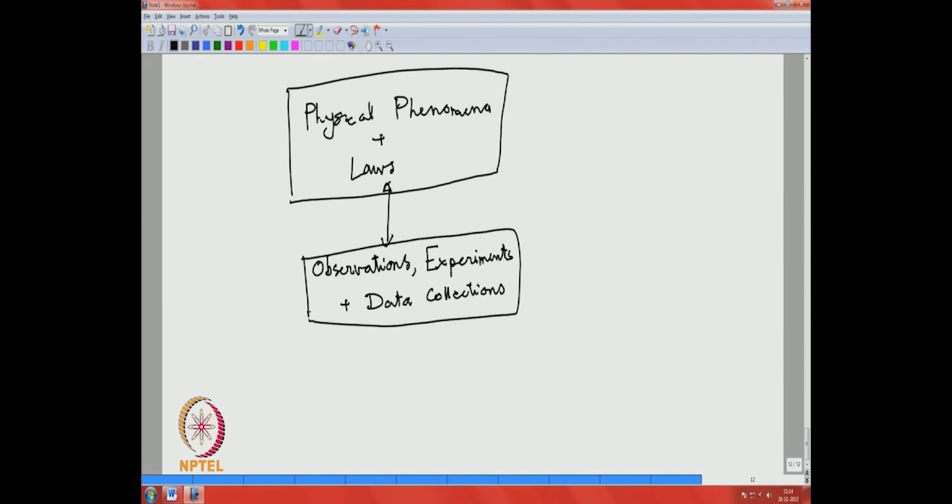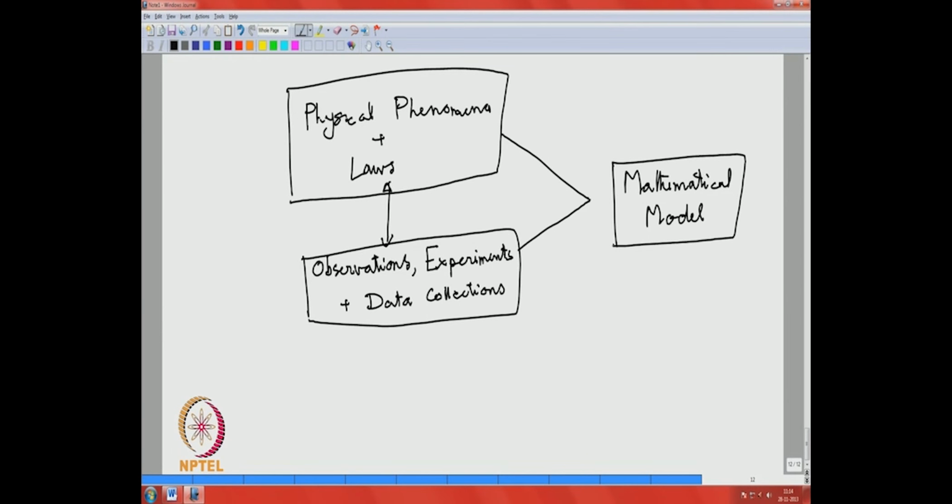Using the mathematics available, the physical laws and these things together, you do the mathematical modeling. You have the mathematical model here, and this is the place where you have to do the analysis.